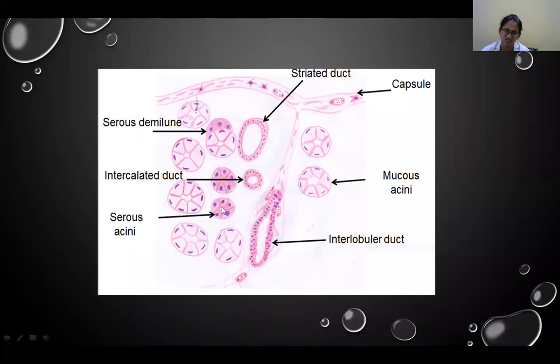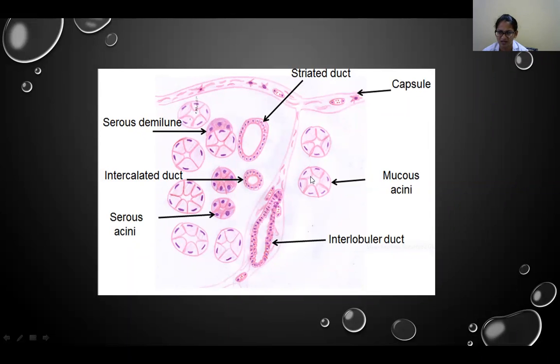This is about the serous acinar cells. Whereas coming to the mucous acinar cells, see, here also the cells are pyramidal in shape. See here, the nucleus is flat and placed towards the basement.